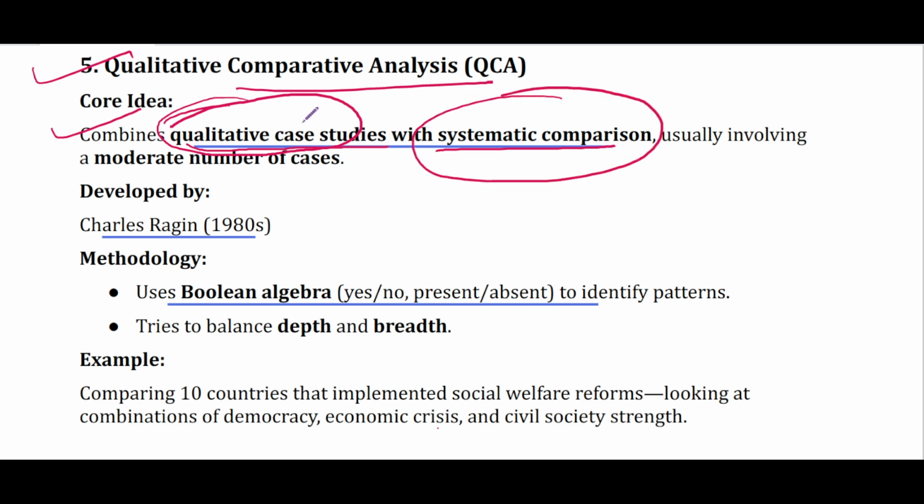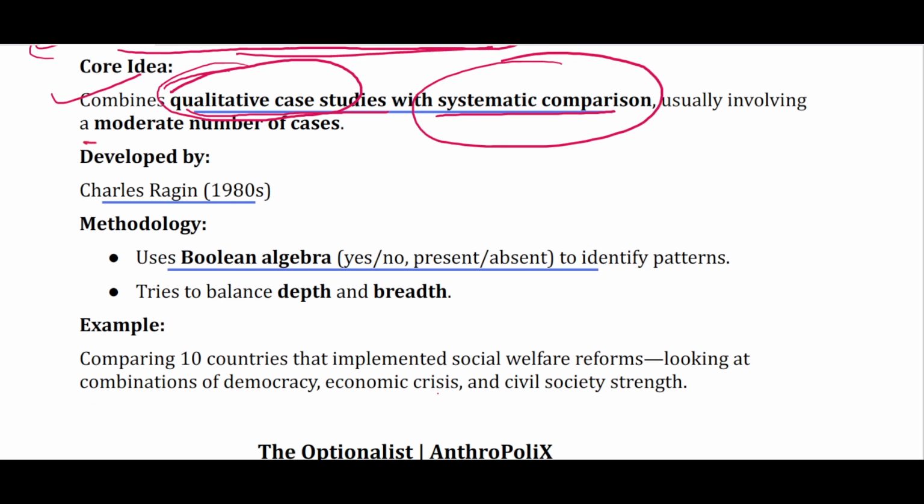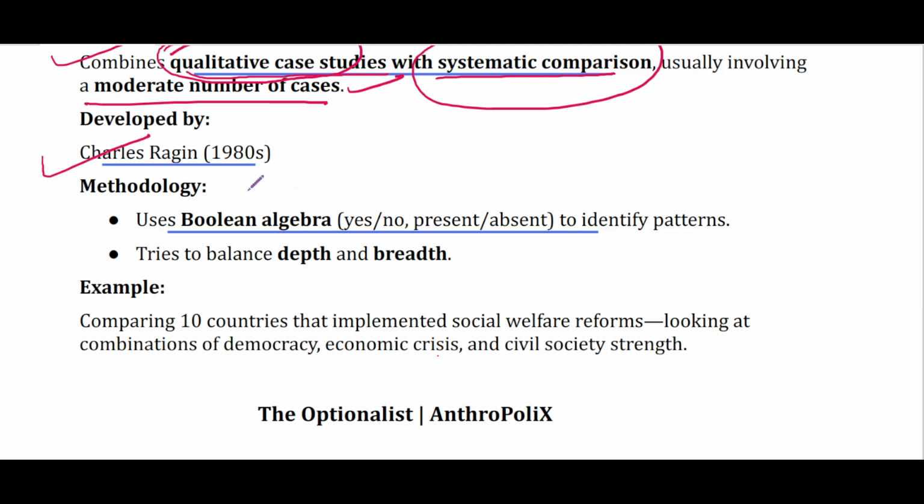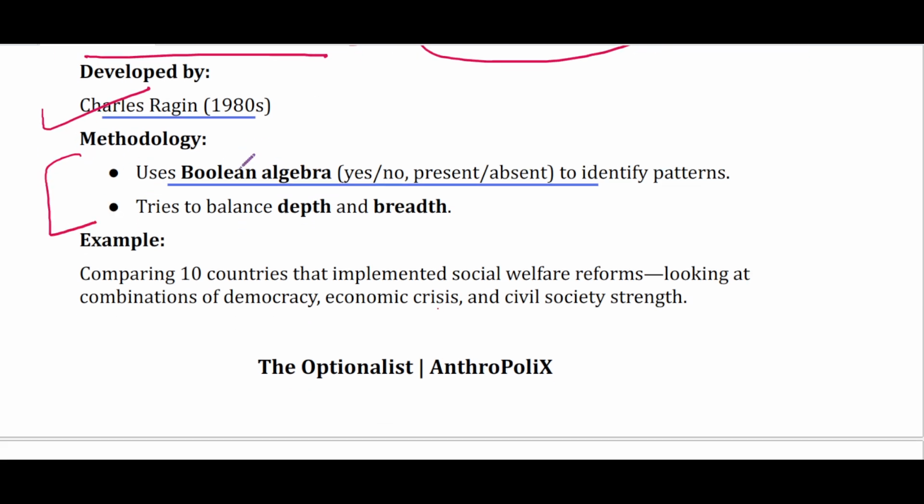So दोनों, the case study method and quantitative method, दोनों को एक साथ join करके we have arrived at QCA, qualitative comparative analysis. और यहाँ पे moderate number of cases होता है, developed by Charles Ragin, and the methodology uses Boolean algebra, which is yes, no or present, absent, objective answers to identify patterns.